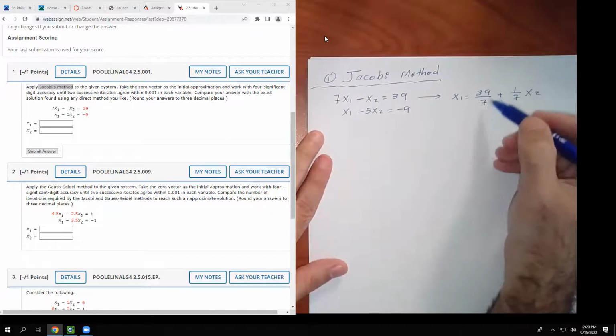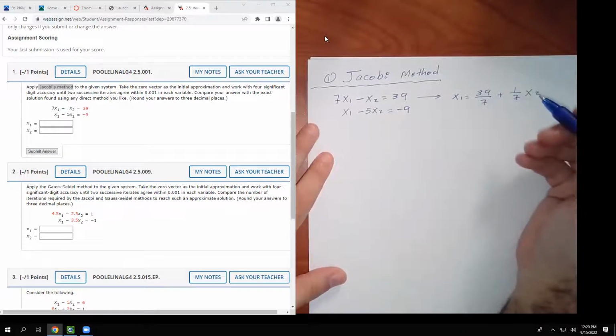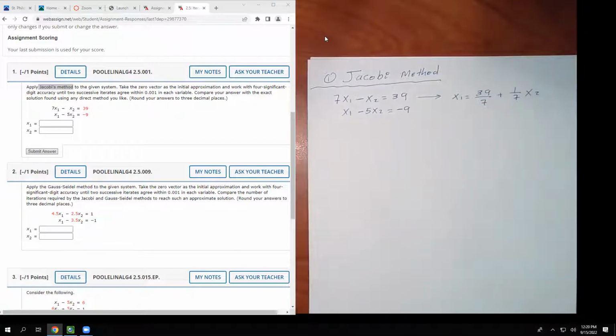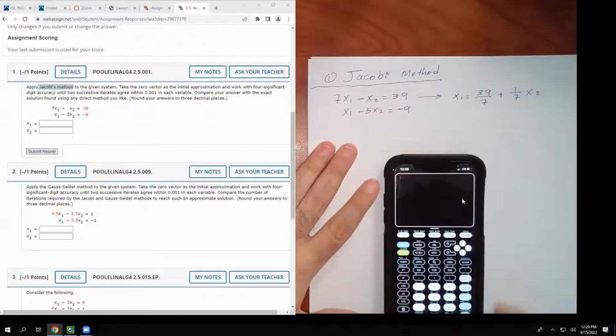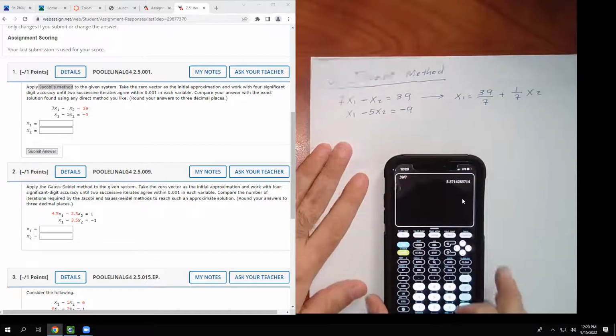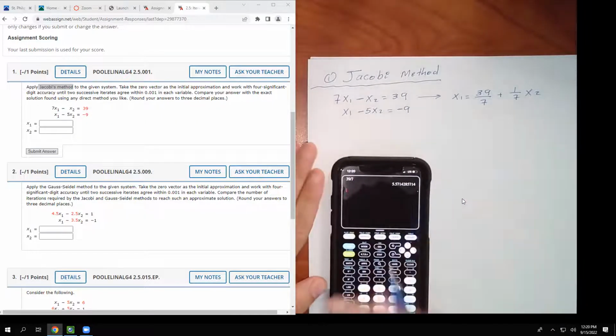If you want to convert this to a decimal number, because we're going to work with decimal numbers, 39 divided by 7, and they ask you to round your number and work with 3 decimal places.